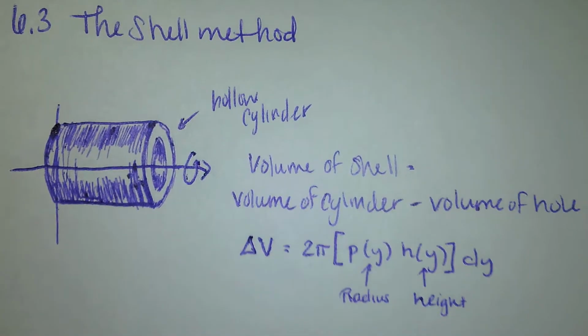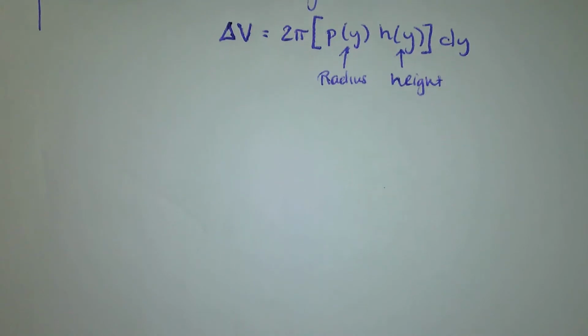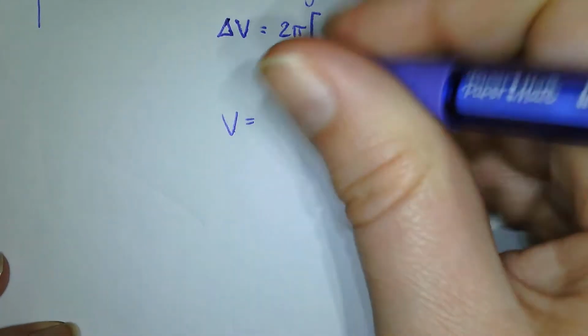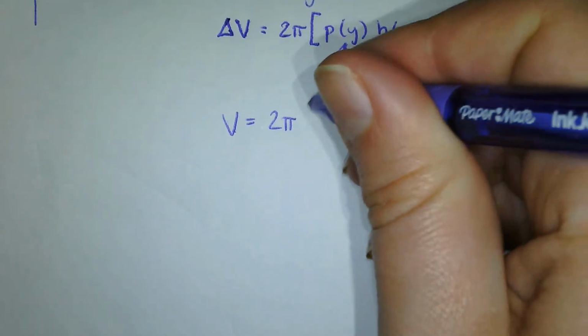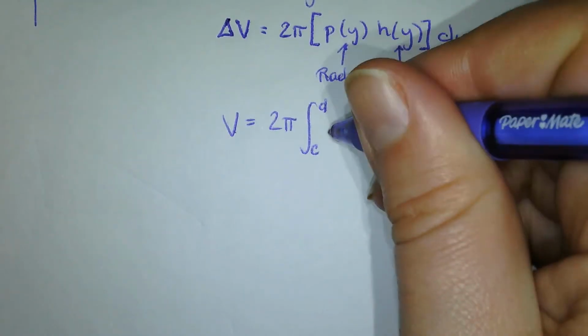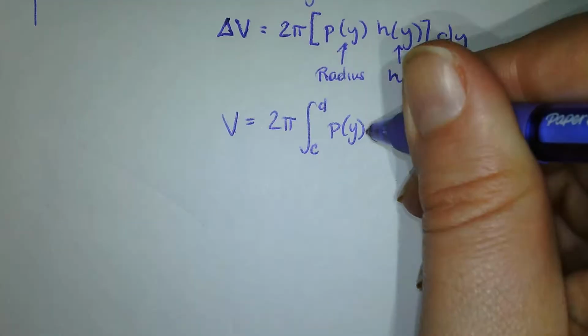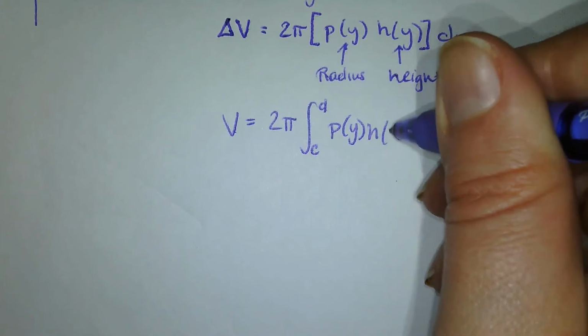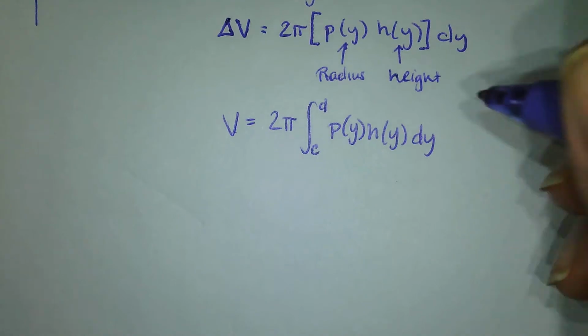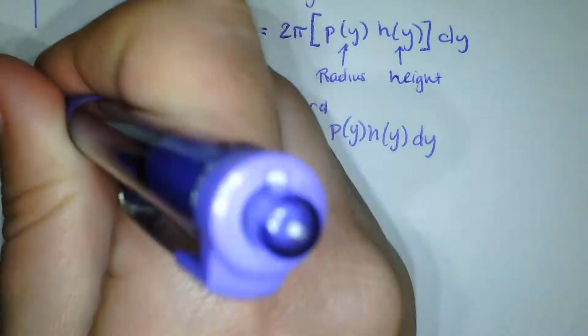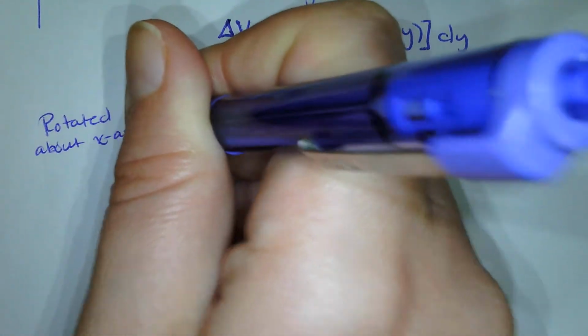And then, of course, if we go ahead and do the integration for this, if we integrate both sides, we're going to have volume equals 2 pi integral from C to D of P of y, H of y, dy. So this is when it's rotated about the x-axis.